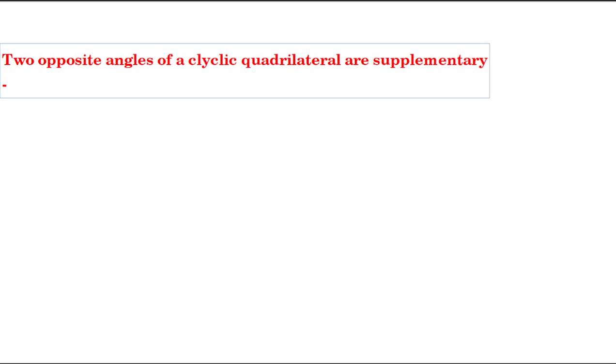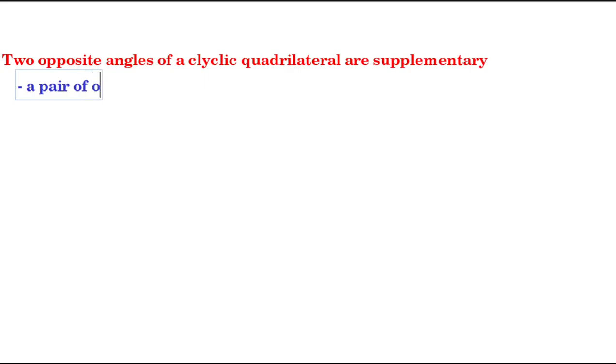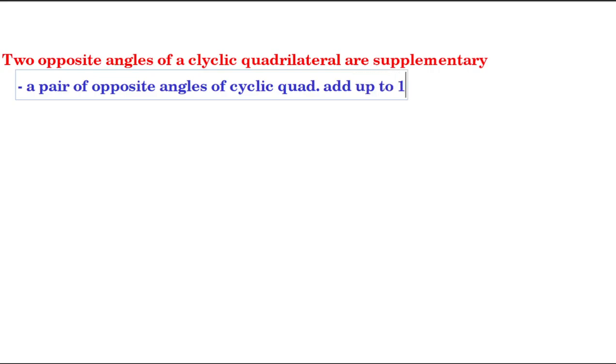If you take a pair of the opposite angles of a cyclic quadrilateral, these ones, they are going to add up to 180 degrees. So basically that is our theorem.